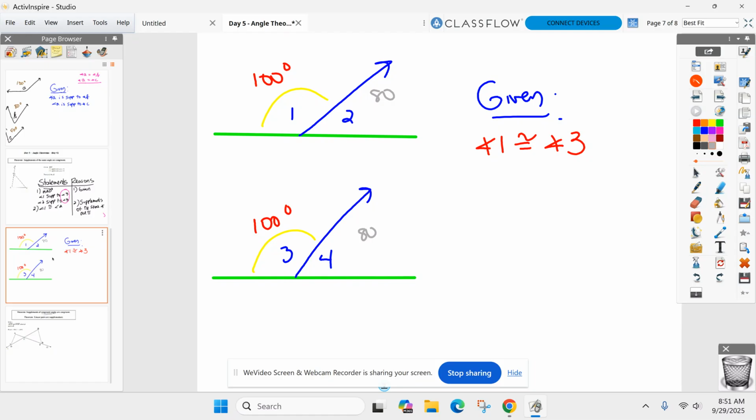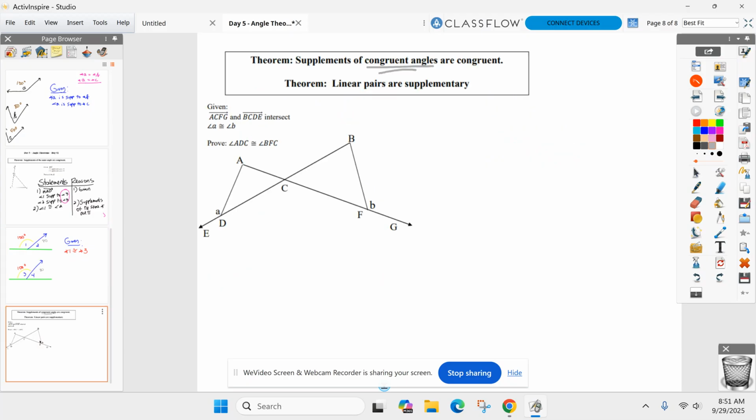And this next proof is not a 2-stepper, unfortunately. All right, here we go. Mark your diagram, and write in your statements and reasons. Make sure you're marking lowercase angle a congruent to lowercase angle b, not the uppercase ones.